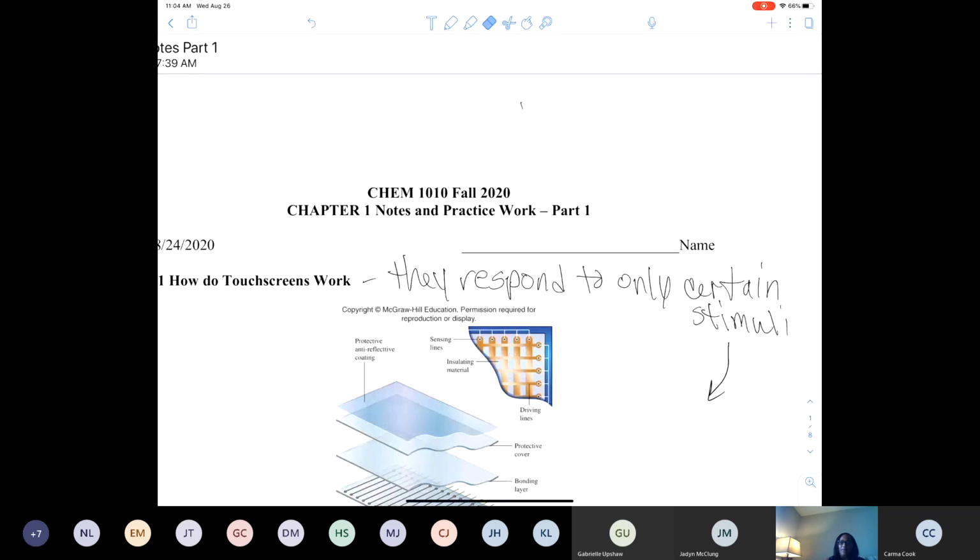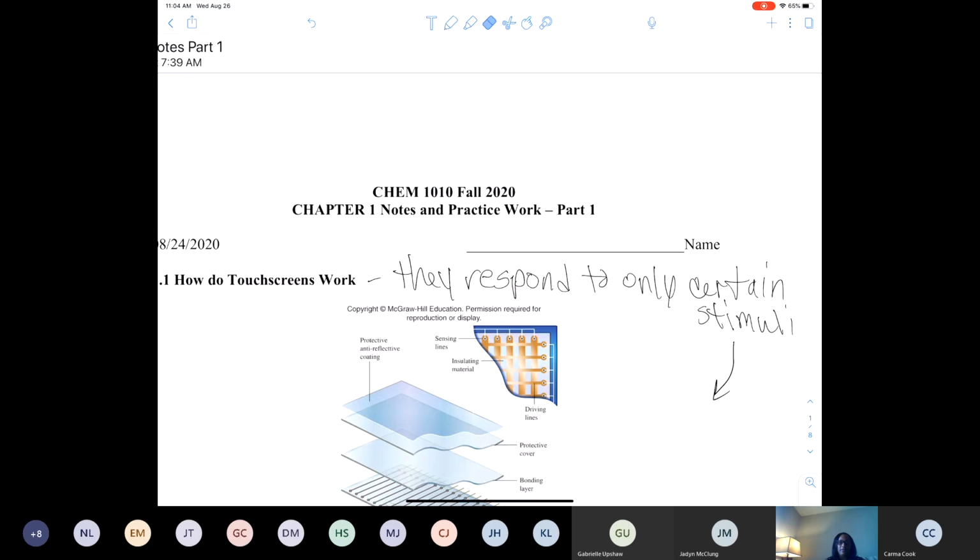If you have your cell phone close by, which I'm sure most of us do, grab your cell phone really quick. We're going to do a little activity. We're going to make a stimuli and response table. I know that my cell phone responds to my finger.